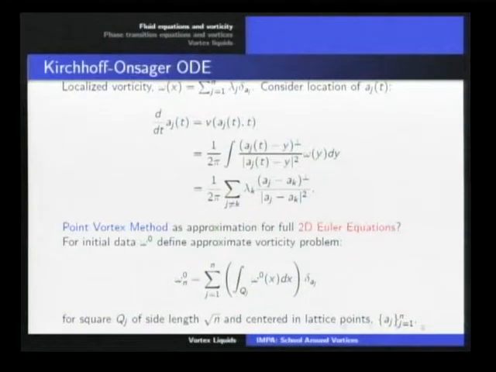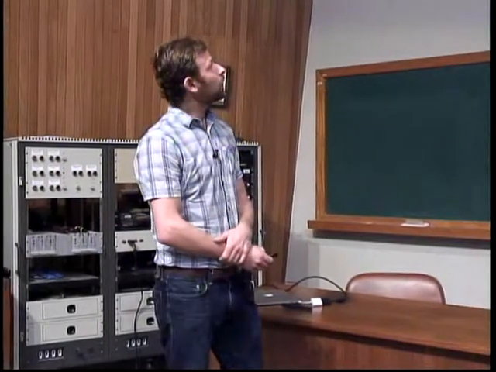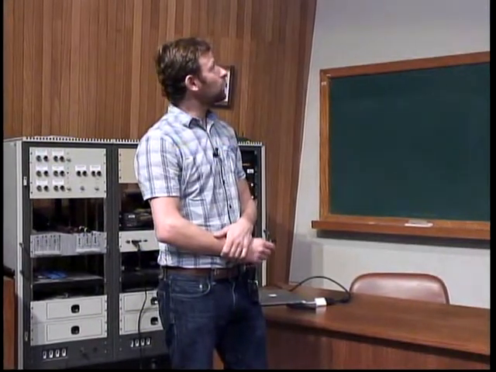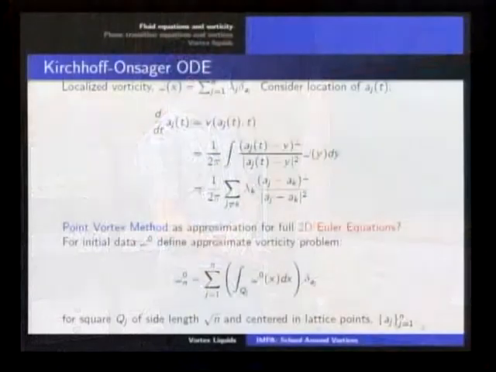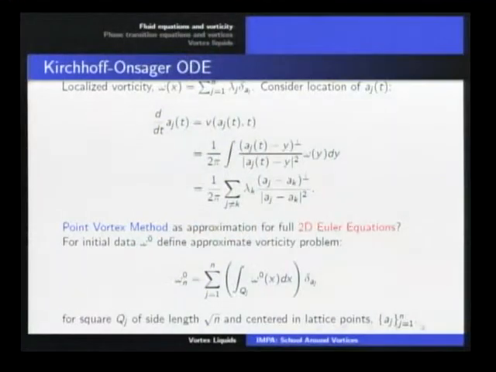And so here, the velocity is recovered by the Biot-Savart formulation, where omega now is a bunch of delta functions with weights, right? And so, at least on a formal basis, we can recover the Helmholtz-Kirchhoff-Onsager ODE, formally derived by lots of different people. And we get this beautiful relationship. These ODEs are given by this relationship right there.